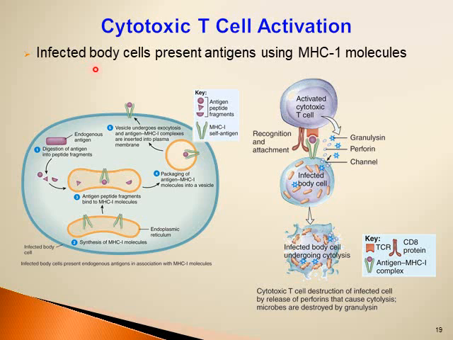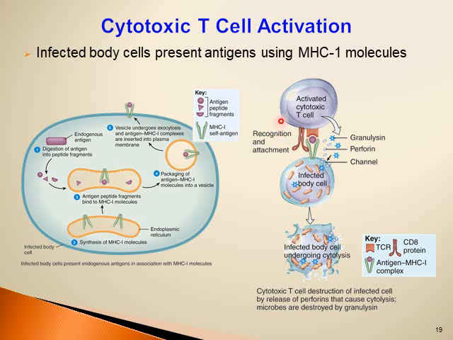Here we can see in this example the activation of cytotoxic T cell. The infected body cells present the antigen using the MHC1 molecule. So the cell is infected, for example, with a virus. The antigen will be processed, bound to the MHC1 molecule, and presented on the surface of the cell.